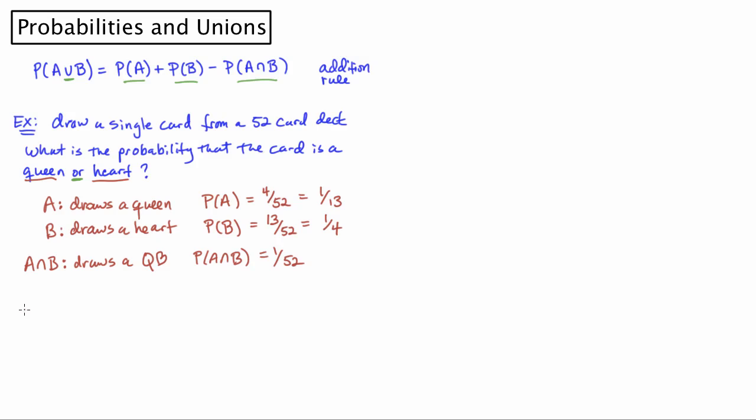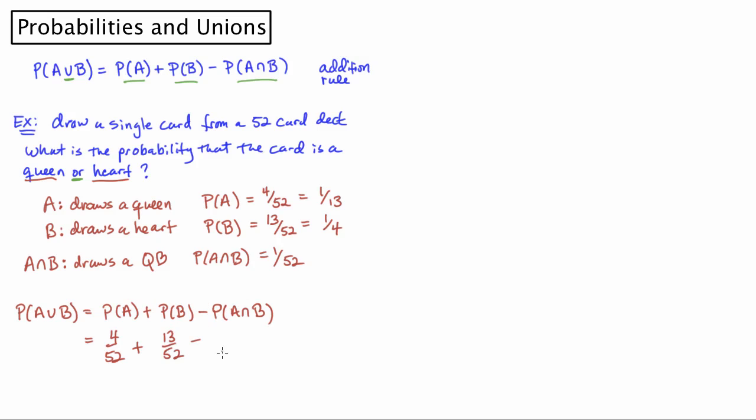If we then take everything together and you're asked to find the probability of a queen or a heart, I'm simply rewriting the addition rule here, because that's what you should be doing. The probability of A is 4 out of 52. The probability of B is 13 out of 52.